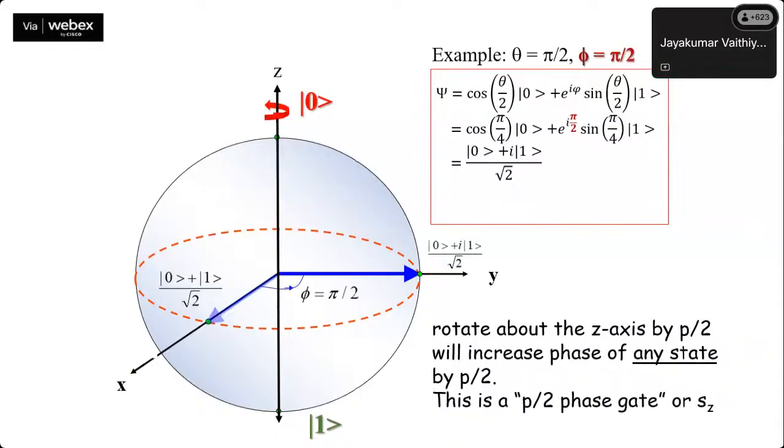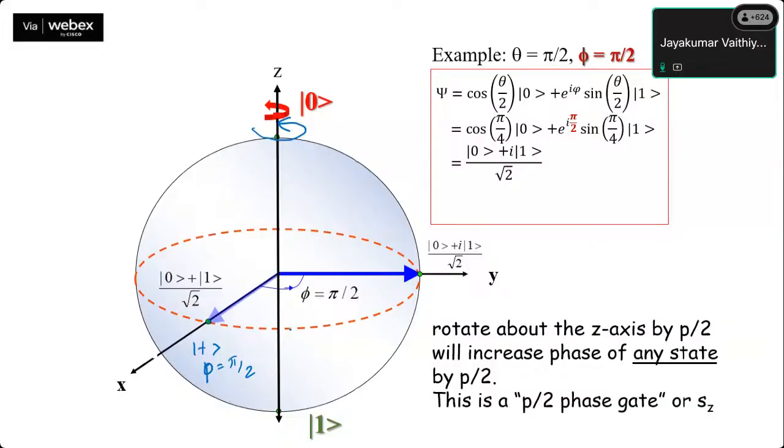Okay, so look at the second angle. Here, psi, we are applying pi by 2. This is called the phase shift. From the x-axis, from the positive state, if you apply the second angle psi equal to pi by 2, it will move along the xy plane, towards the z-axis.